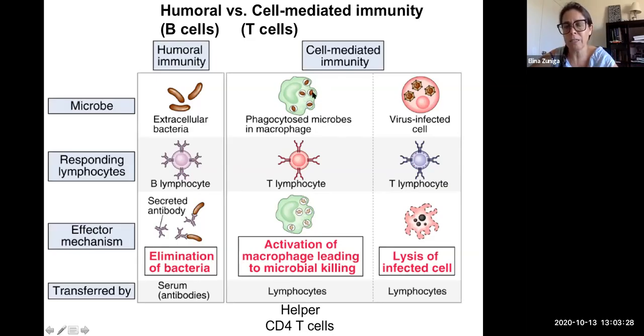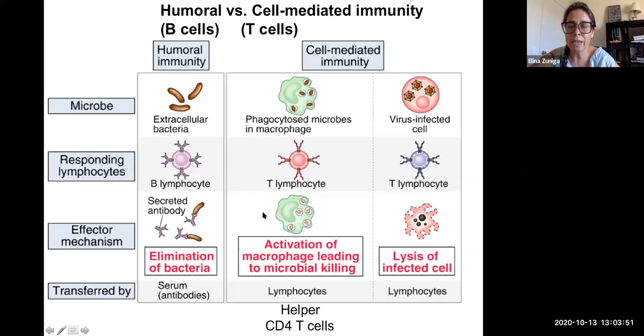But some pathogens, like Mycobacterium tuberculosis, for example, have evolved means to subvert the microbicidal activity of macrophages. So they cannot be eliminated from these vesicles in macrophages unless they receive help from these CD4 T cells.